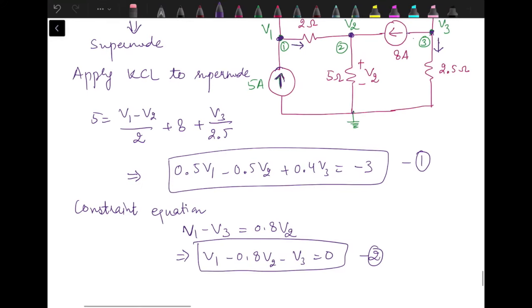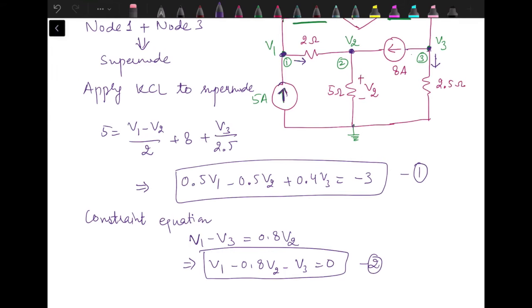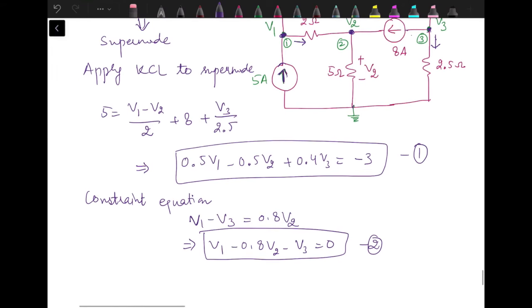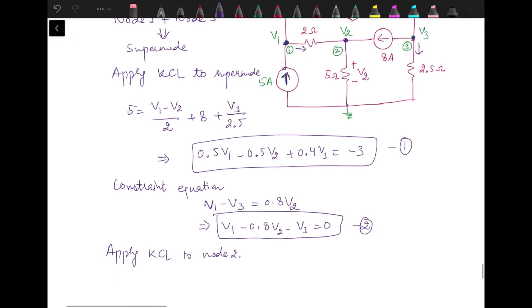This is our second equation. And the third equation we get from node 2. So next step is to apply KCL to node 2. When we apply KCL to node 2, 8 ampere current is incoming current. Let's mark the current through this 5 ohm resistance as outgoing and through 2 ohm again outgoing.